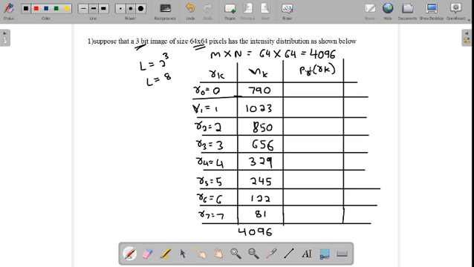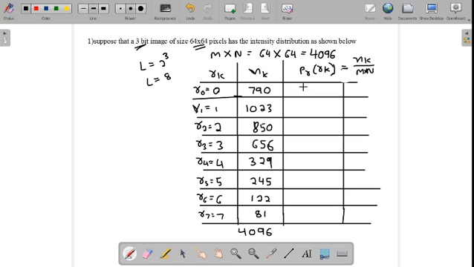Next you need to calculate the probability of rk. This is nothing but normalizing the value. You can write the formula as probability of rk equals nk divided by MN, that is M cross N, which is 4096.